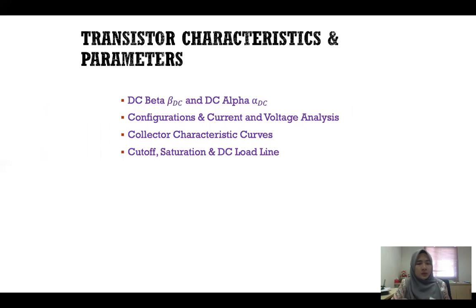We will cover the DC beta and also the DC alpha, configurations and current and voltage analysis, collector characteristic curves, and we will also look into the cut-off region, saturation region, and DC load line.